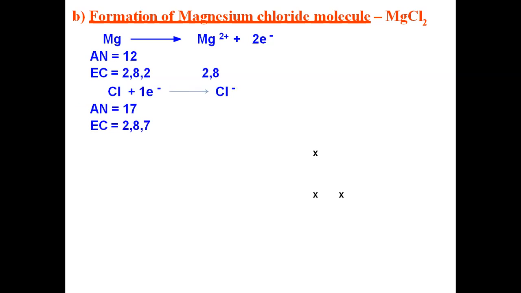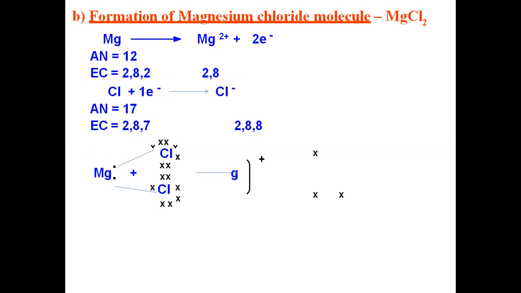How will magnesium chloride be formed? Magnesium contains 2 valence electrons. You can see here, the 2 valence electrons combine with chlorine, which requires 1 electron only. Since it requires 1 electron, 1 magnesium can combine with 2 chlorine atoms. You can see here, this electron goes to the first chlorine, this electron goes to the second chlorine. Since it requires 1 electron each, 2 chlorine atoms can combine with 1 magnesium atom.